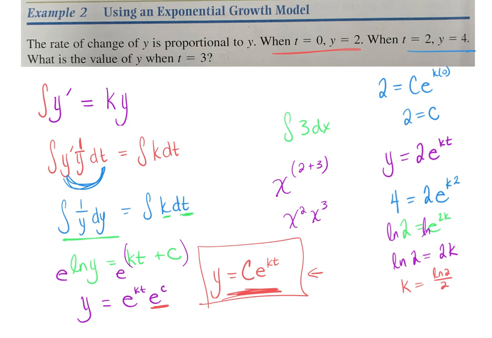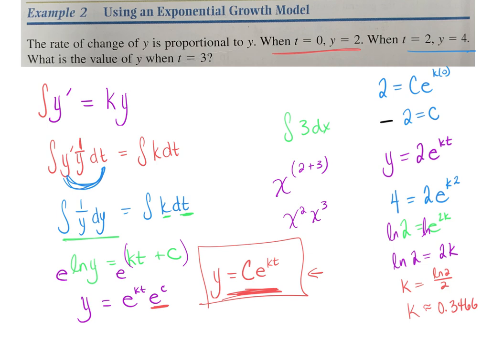If they ask you to actually solve for k, you see that it's approximately 0.3466. If you're going straight to something else, you can actually leave that in your calculator for k. But they rounded it, so we're going to round it. 0.3466.